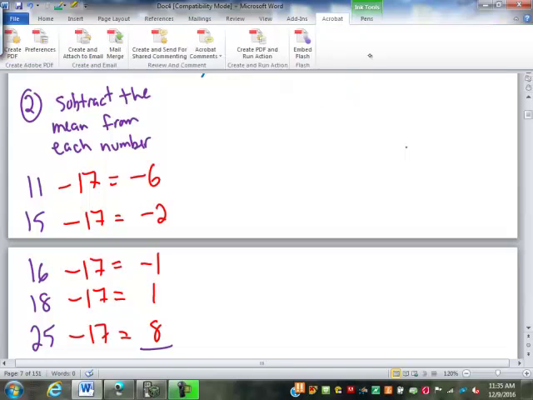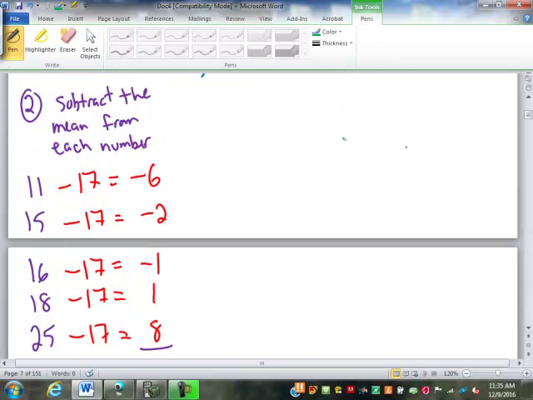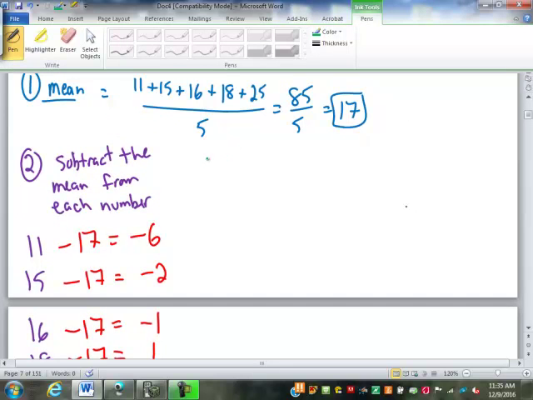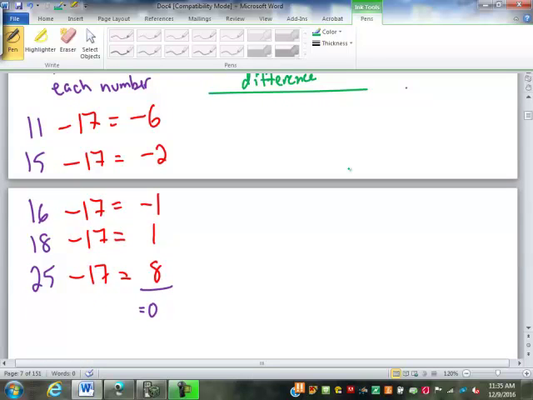Step 3. Square each of those differences. So -6 squared. Now remember, in a lot of your calculators, if you square a negative number, you have to put it in parentheses or it'll come out negative.